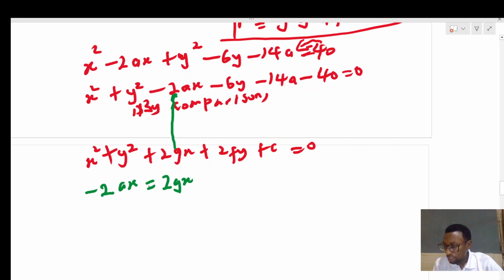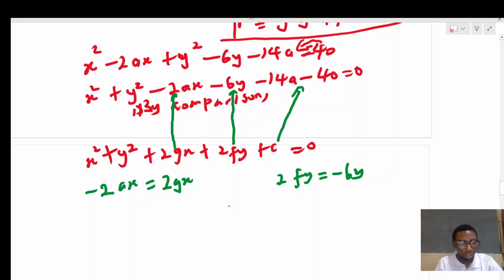Then 2fy is equal to minus 6y. Then c is equal to this.